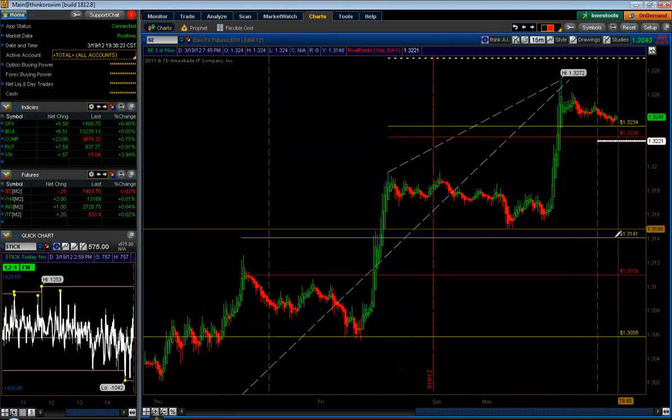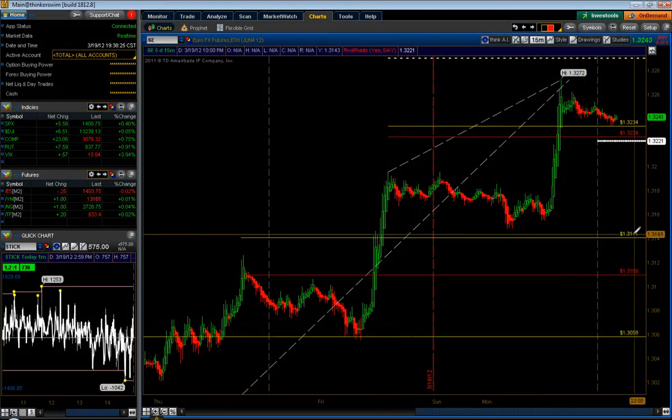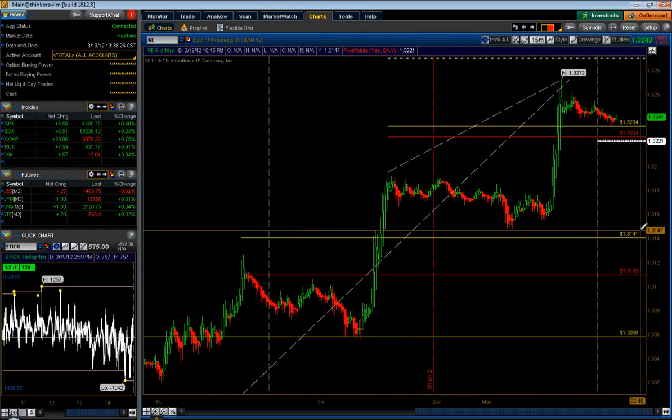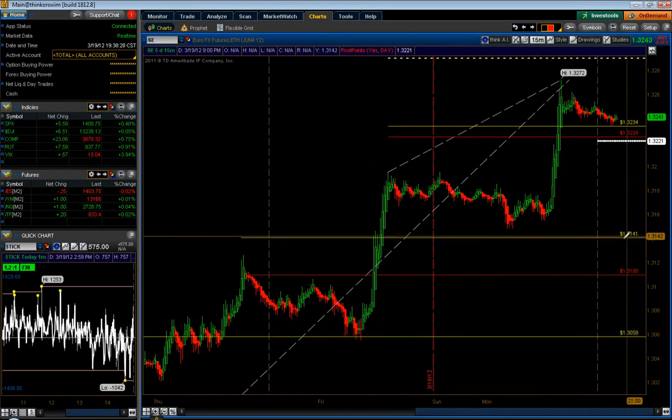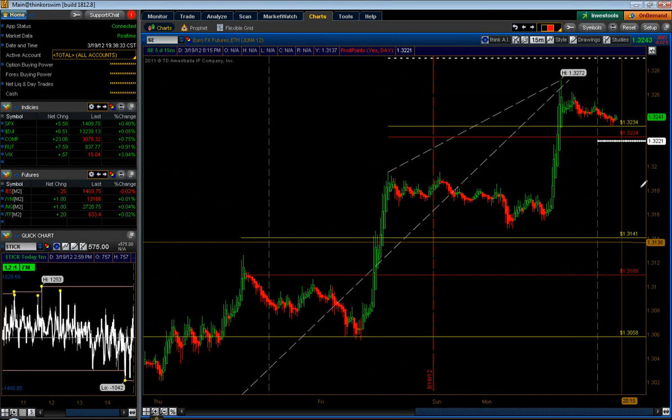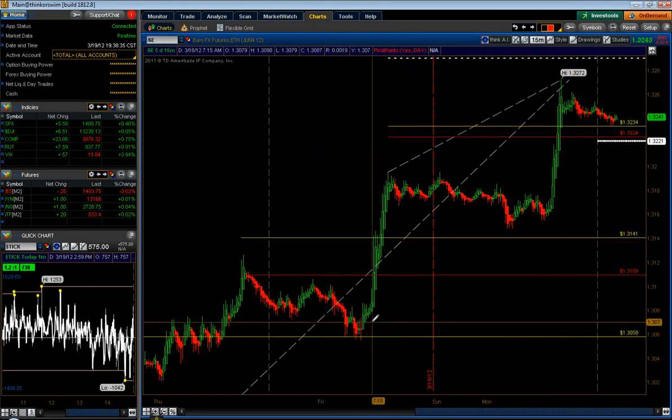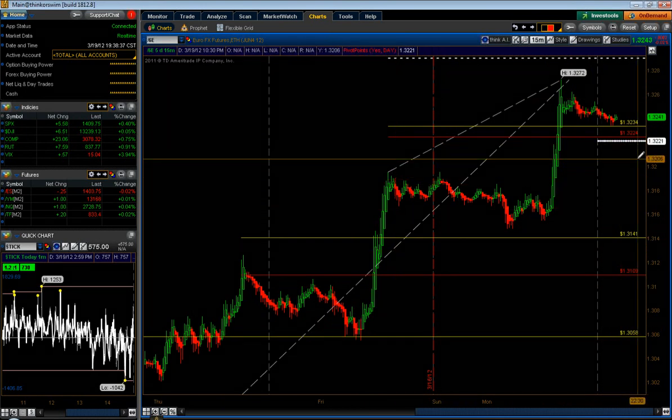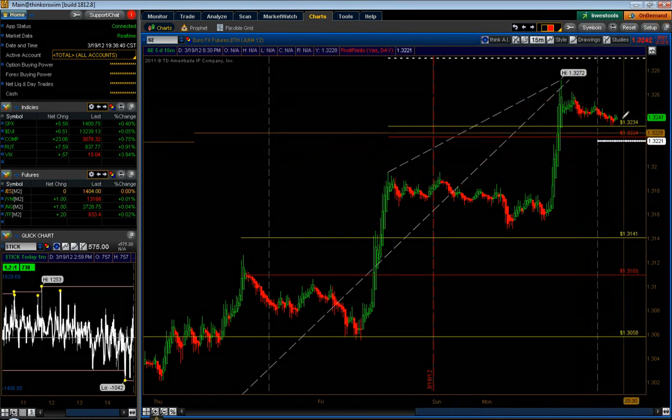But I'm going to be looking at this 3141 as the potential next area to start taking 15-minute longs. And keeping in mind that, yes, we did kind of go parabolic the last couple of days, so this extension is a less higher probability setup.